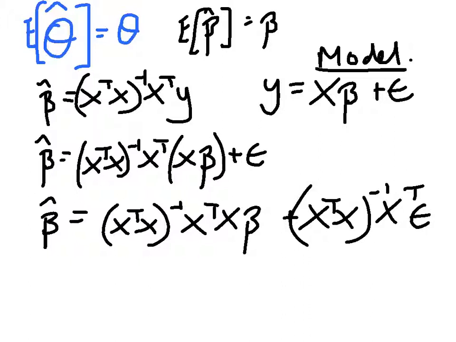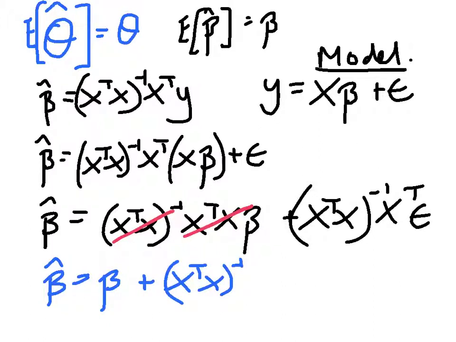And in doing that factorising, we can see that there's scope here for a little bit of simplification, because this multiplied by this is an identity matrix. So the expression we end up with is a statement that beta hat equals beta plus (X^T X) inverse X^T of epsilon. So we now have an expression that gives us beta hat in terms of beta.